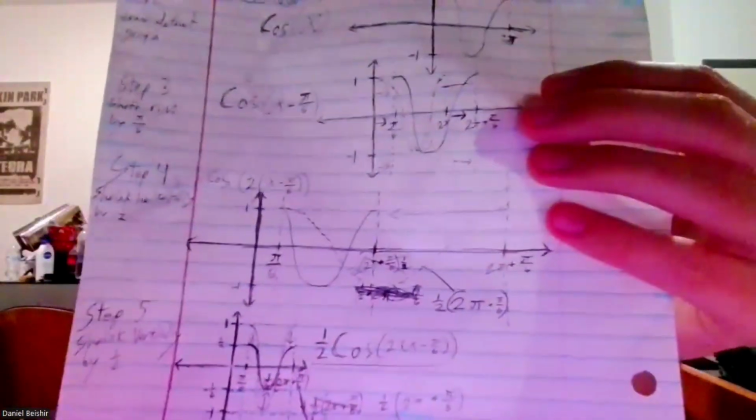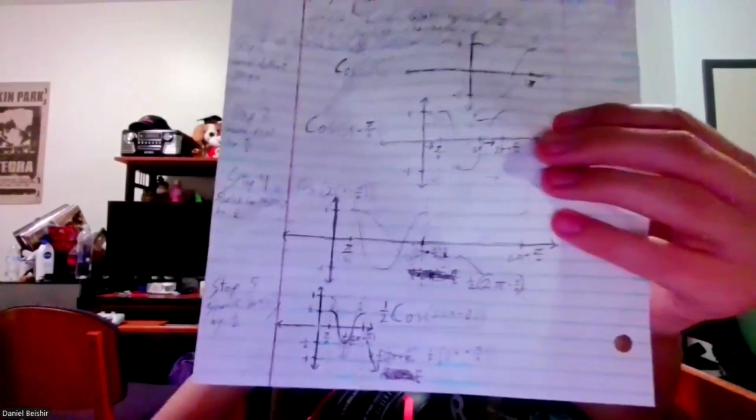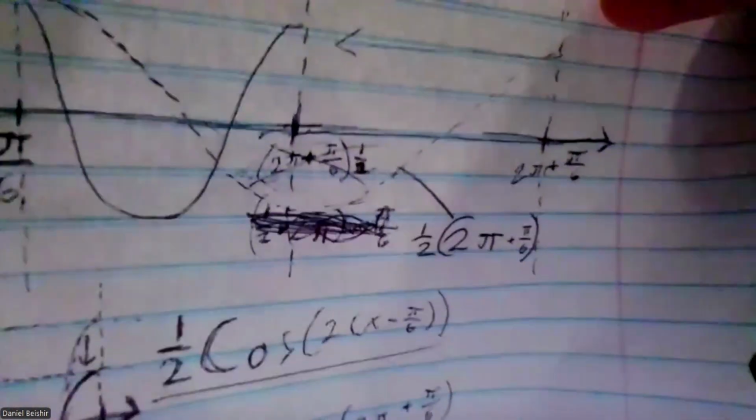We shrink by 1/2. That also affects the asymptotes. The next step is to shrink vertically by 1/2. That gives us 1/2 cos 2 parentheses x minus pi over 6. And this is the graph.